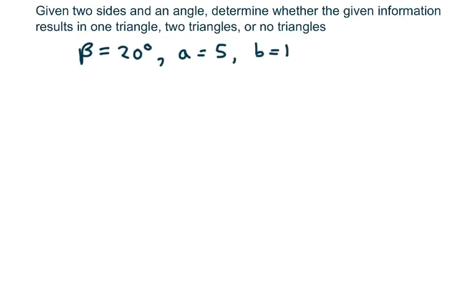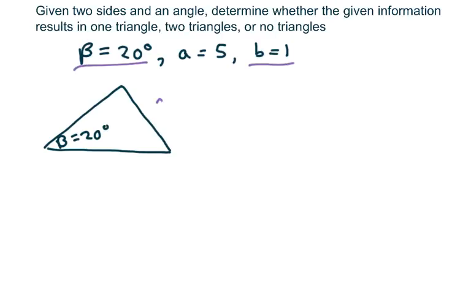I'm going to draw my little generic triangle here, and put beta here. The side across from beta is little b, so I'll put 1, and I'll let this be alpha, and the side across from alpha is 5.